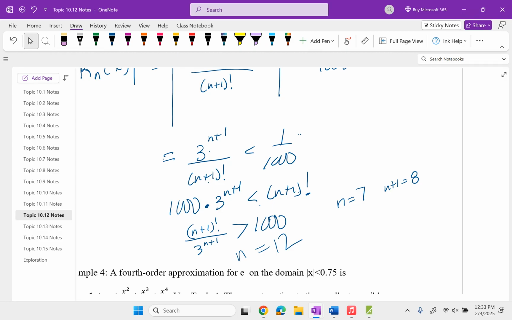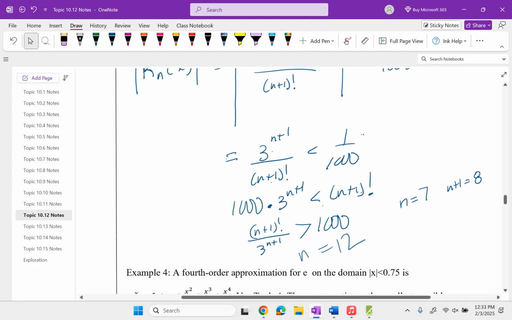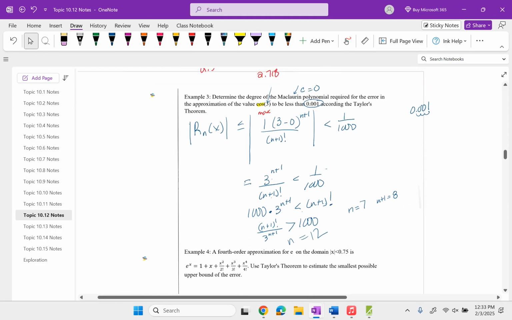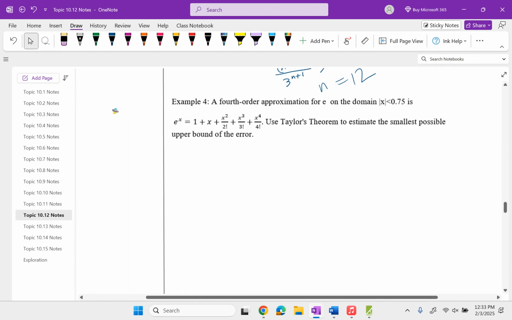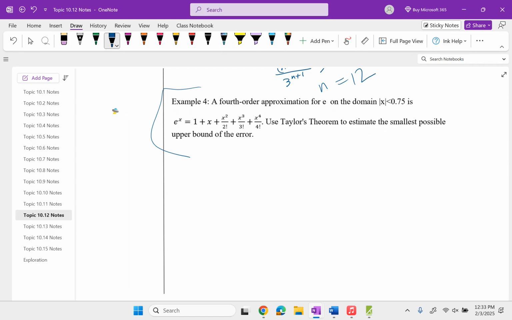Okay, that was a slightly different type of problem, right? Sometimes they ask them that way. Example 4, different again. Okay, so I want you to take a minute and read through example 4 for me. Oh, it should say e to the x.